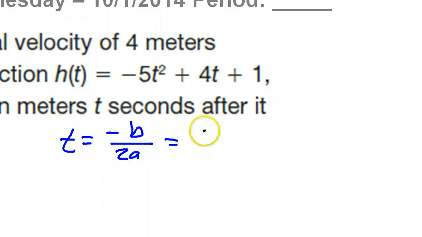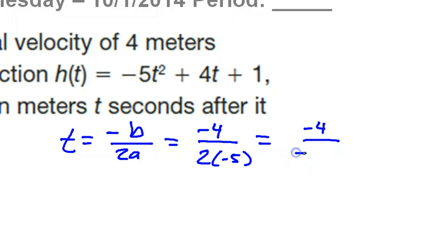So that's going to be negative 4 over 2 times negative 5. That's going to give me negative 4 over negative 10. A negative divided by a negative is a positive, so that would be positive 4 over 10. But we might as well go ahead and reduce this as well. Both of these are divisible by 2. So that's going to give us 2/5.